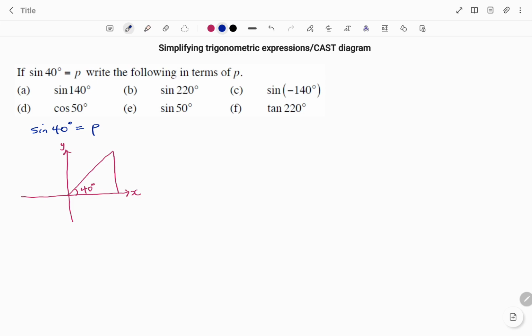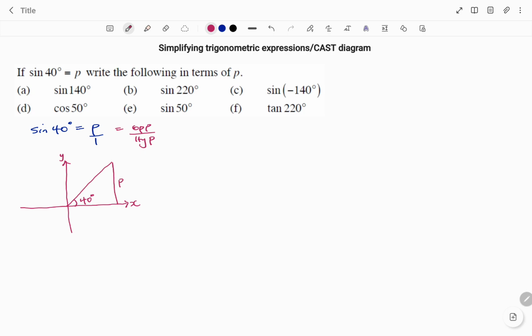Sine 40 degrees equals P, that's the same as P over 1. Therefore, fitting in the values in my diagram, I have the trigonometric ratios. So sine is the same as opposite over hypotenuse. My opposite here is P, that's the side facing the angle. The hypotenuse is 1.